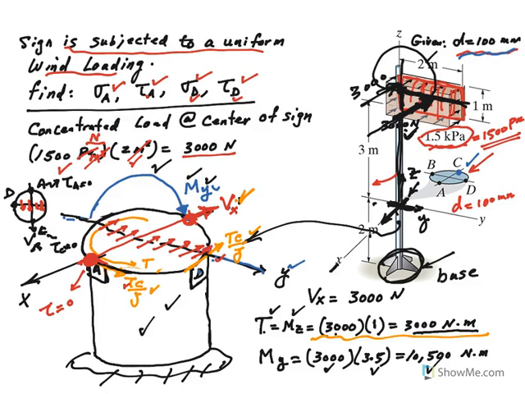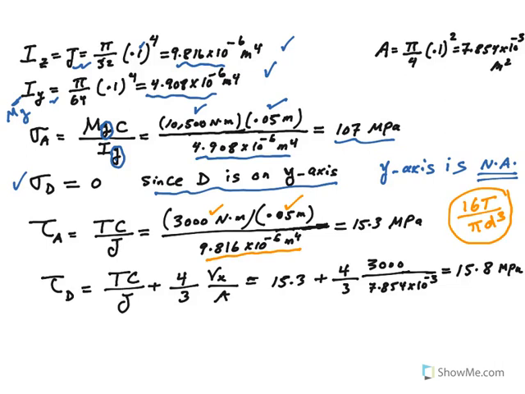All right, do I add to TC over J my VQ over IT? Yes, because look, the directions are the same. So TC over J and this are in the same direction, so you add them to one another. Do I use VQ over IT here? Remember, at A, VQ over IT is 0, but at D, I'm going to add it. But no, don't use that.